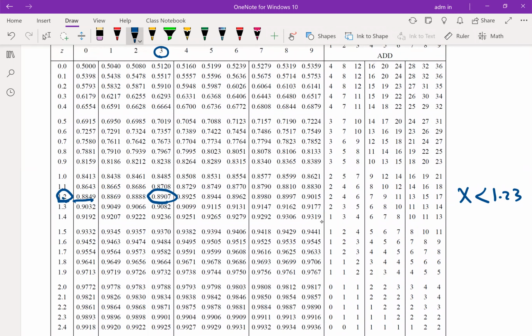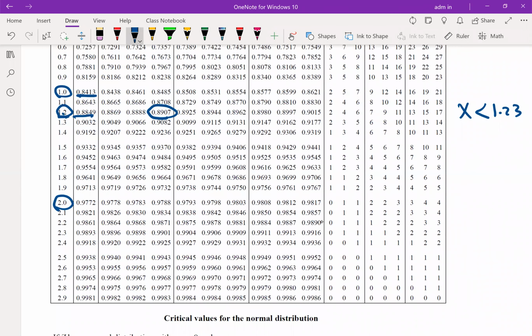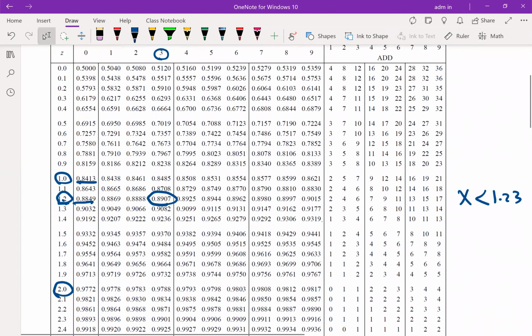If it is a whole number only, you will find it on the right side. If less than 1, where is 1? Less than 1, this value. Less than 2, the whole value, less than 2. If it is one decimal place, you will get it directly, the first value. Say 0.8, this one.